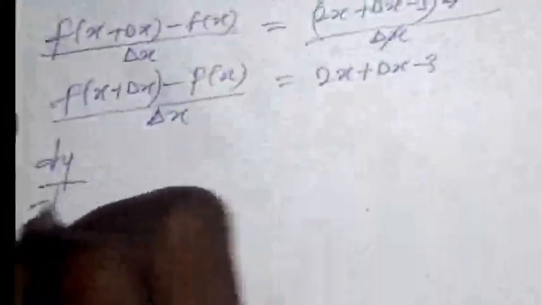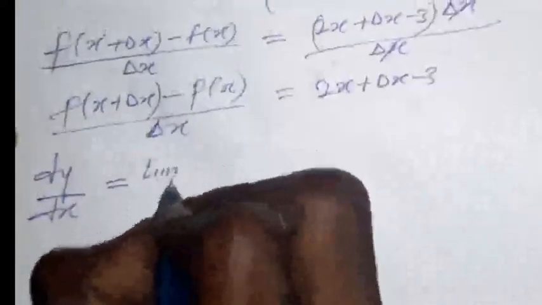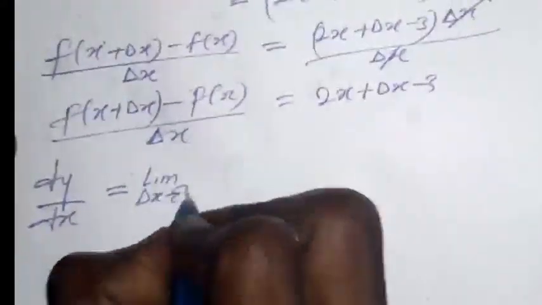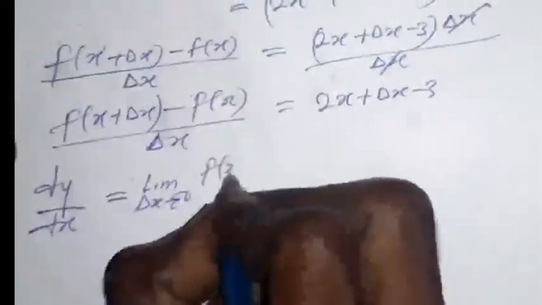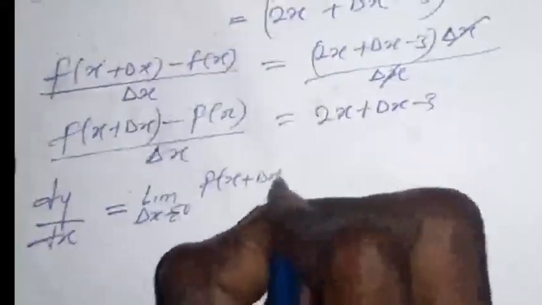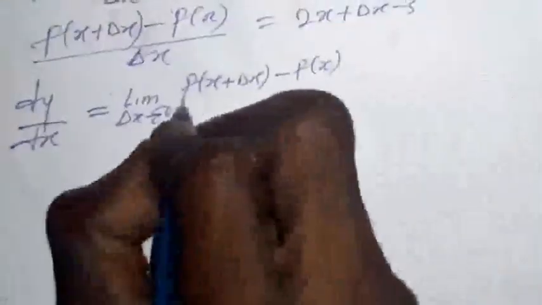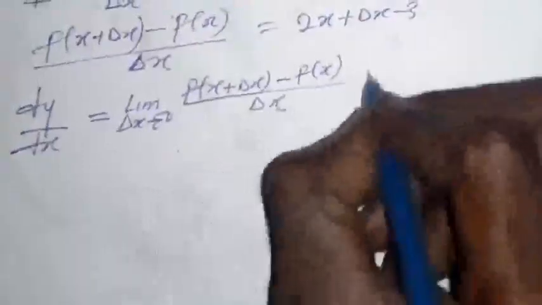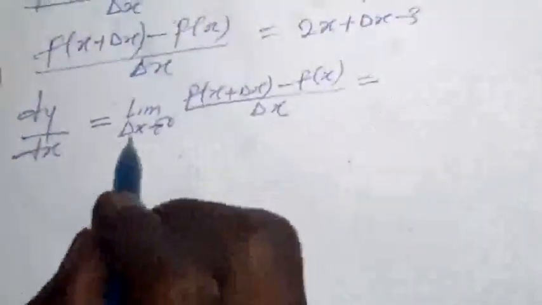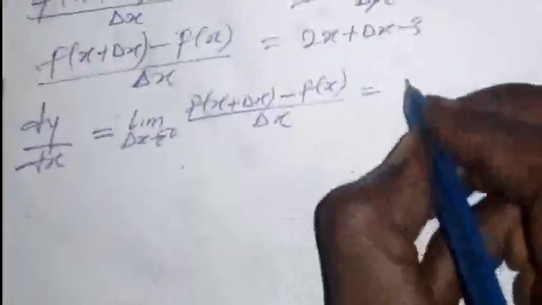Therefore, dy dx is equal to the limiting value as delta x tends to 0 of function of x plus delta x minus function of x all over delta x, is equal to, we said that whenever we apply the limit, wherever we see delta x in the expression, we substitute it with 0.